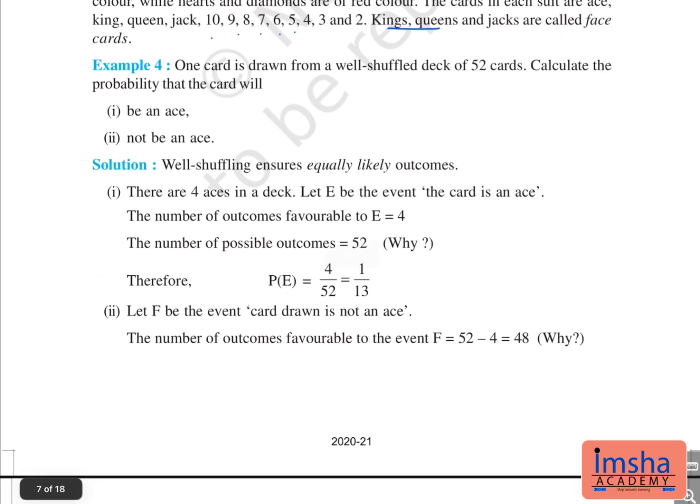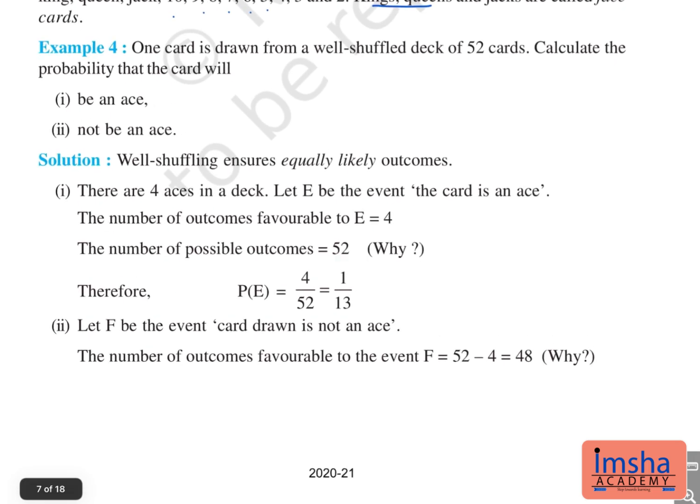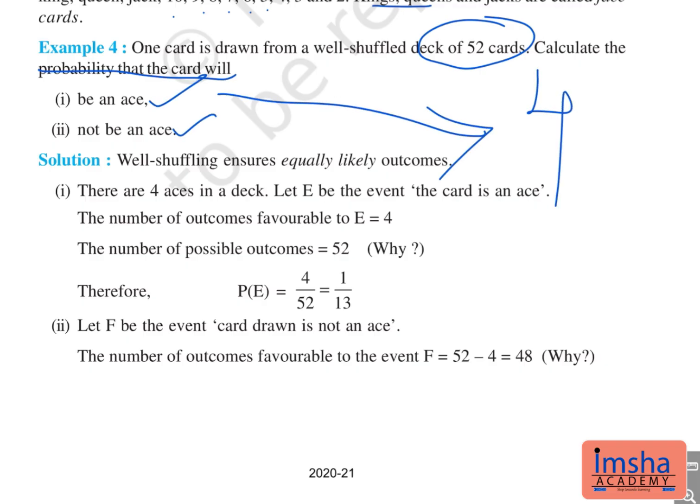One card is drawn from a well shuffled deck of 52 cards. Calculate the probability that the card will be an ace, and that it will not be an ace. So how many aces are there? 4, right?